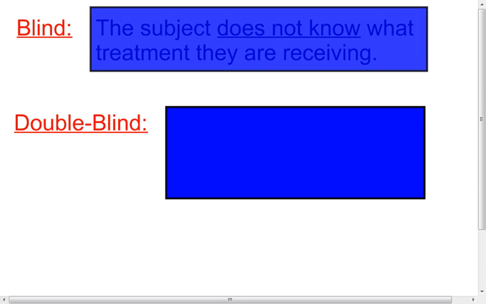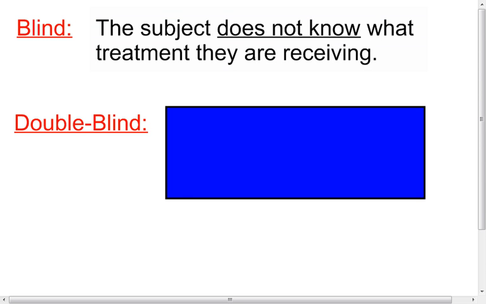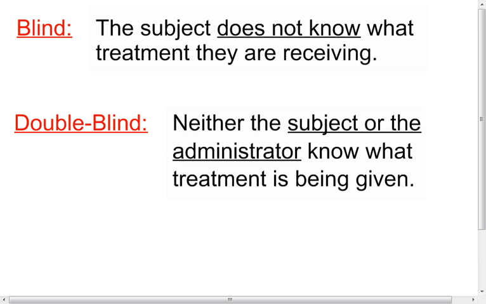And then another couple vocabulary words here. If you do a blind study, it means that the subject does not know what treatment they are receiving. They don't know if they're receiving the real treatment or the placebo treatment. And then double blind is that neither the subject nor the administrator, meaning the person actually giving the medicine, knows what treatment is being given.